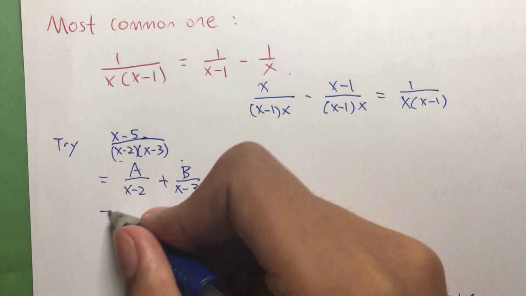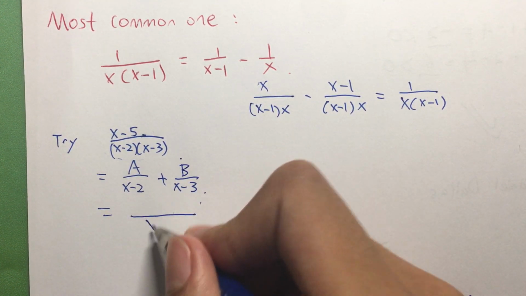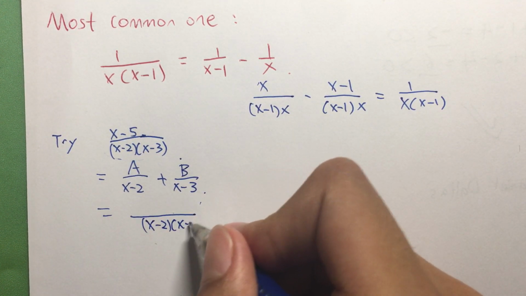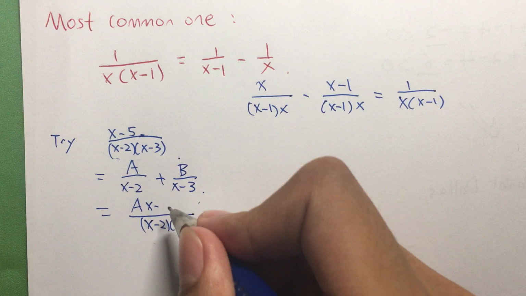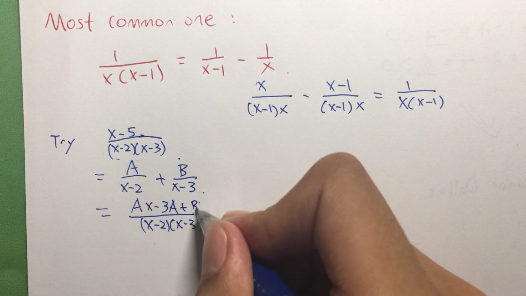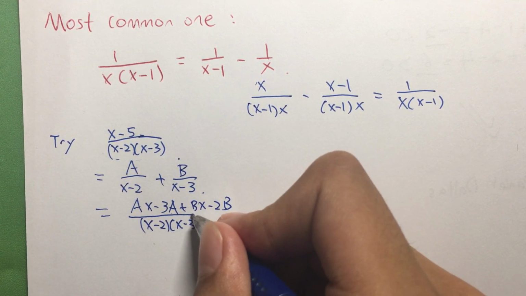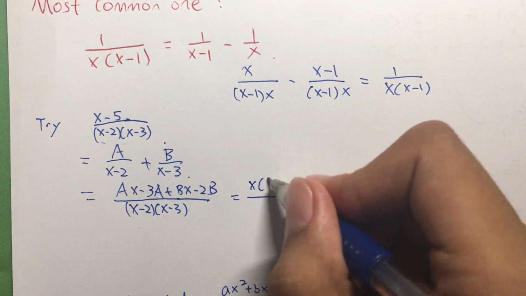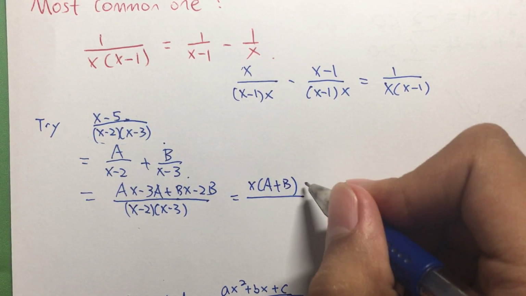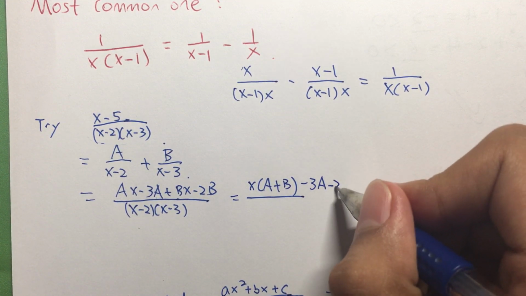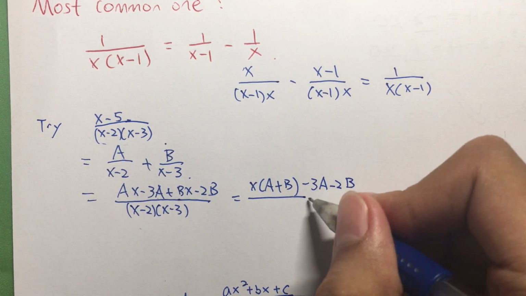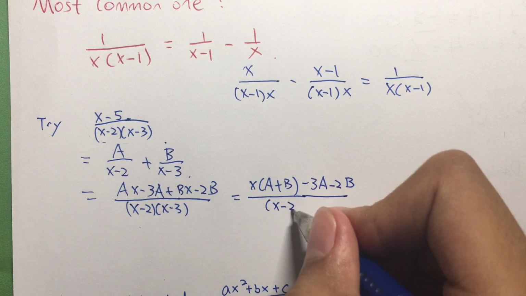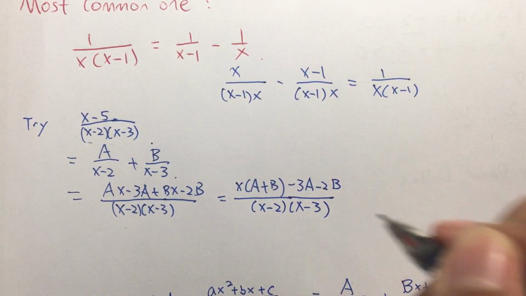So now let's multiply them together, which will give ax minus 3a plus bx minus 2b. Which is equal to x times (a plus b) minus 3a minus 2b, over (x minus 2)(x minus 3).